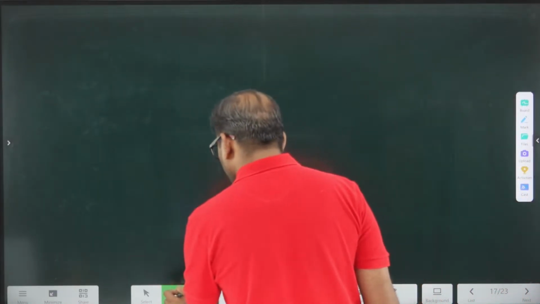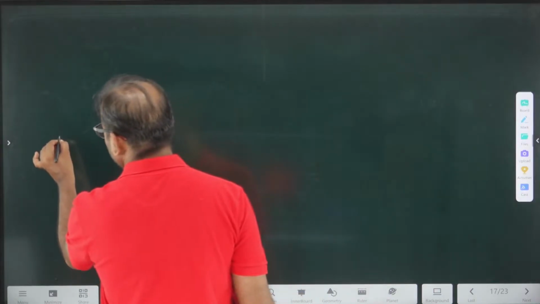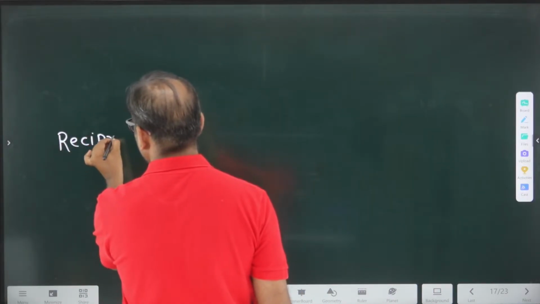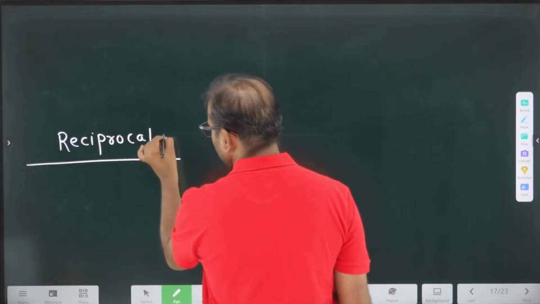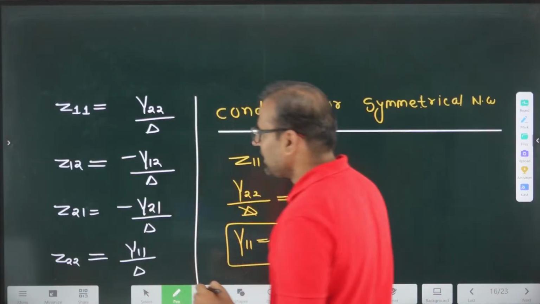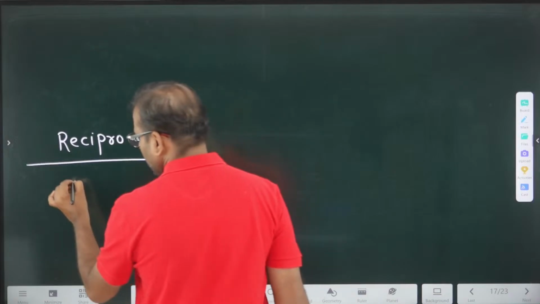And what is the condition for the reciprocal network? If you have to comment on reciprocity using Y parameter, then we can say Z12 should be equivalent to Z21, meaning these two parameters are equal.